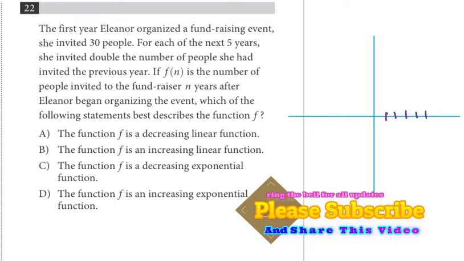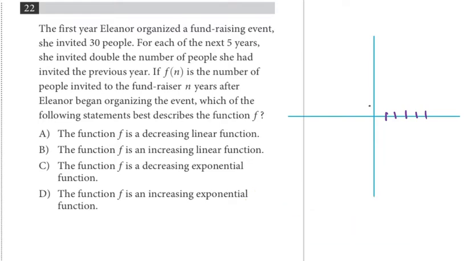The first year was 30. So let's say these are like tens. So the first year was 30. Right? Second year was double. So the second year was 60. The third year is double. So the third year is 120.